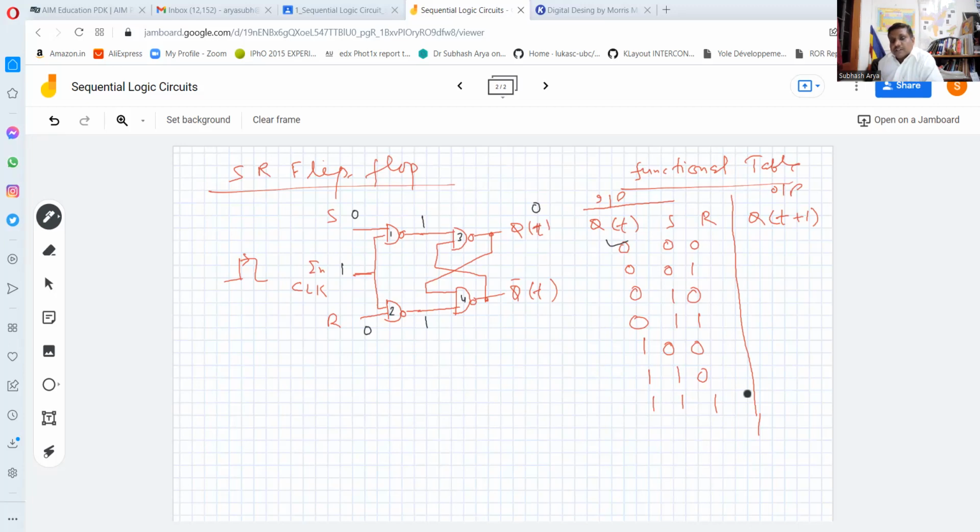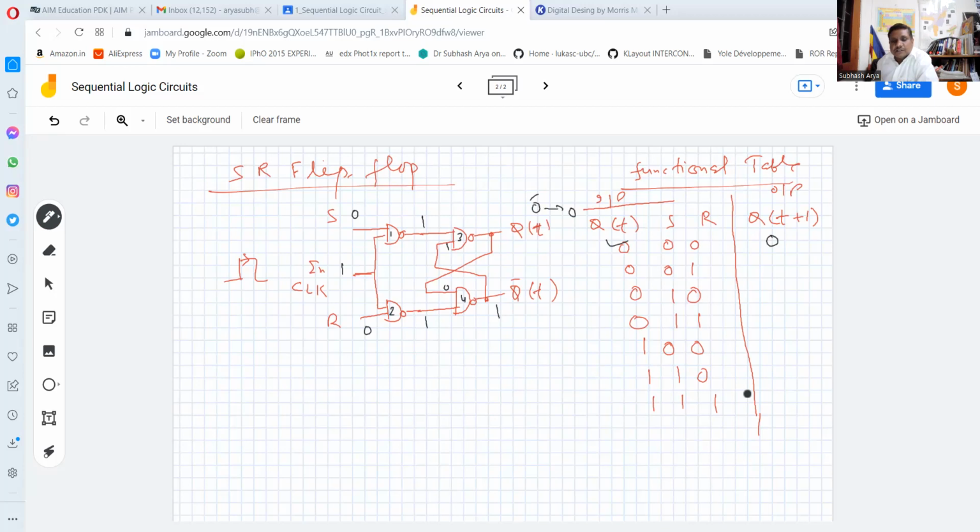Here Qt is equal to 0, so 0 will be available here. Now the output of NAND gate number 4 you can easily predict. Any 0 makes output 1, and this 1 is coming here. So the output will be 0. So it will be from 0 to 0. This was the earlier state, now Qt plus 1 will be 0. So I will write here 0.